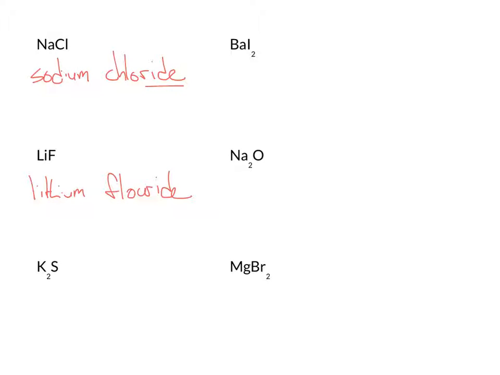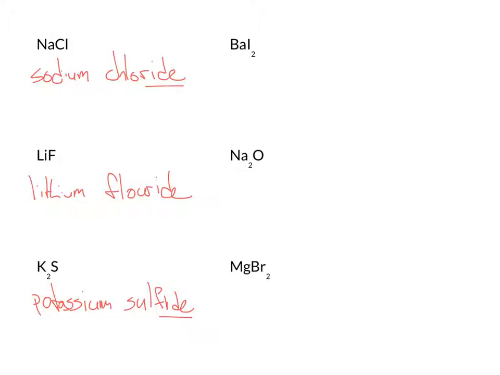K2S, we have potassium and sulfur. You think back to our rules, we don't do anything with that subscript 2, so this is just going to remain potassium. And then the sulfur is going to become sulfide. Up at the top we have barium and iodine.